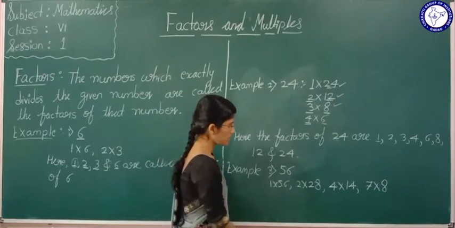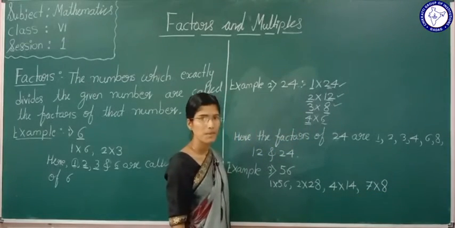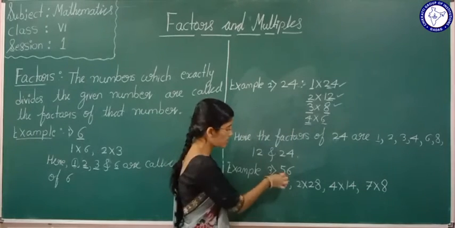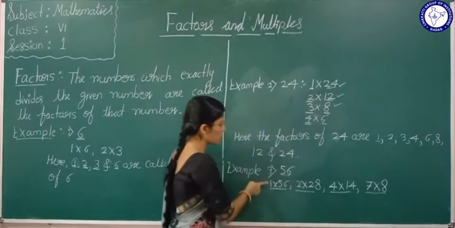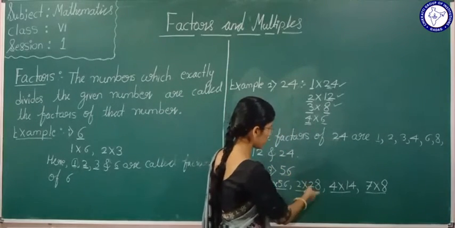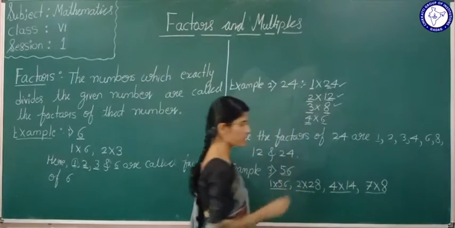Again, can we write in any other way? We can write 56 one side is again 56 only, right? This 56 can be written like this. Yes or no, students? Here 1 56 is 56, 2 28 is 56, 4 14 is 56, 7 8 is 56.